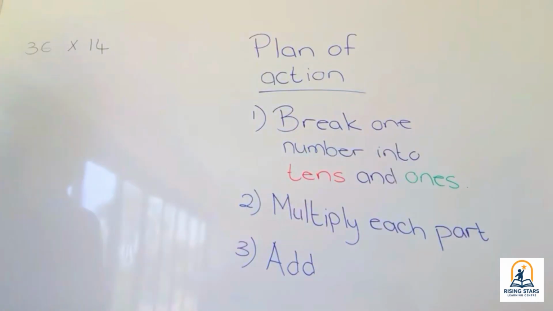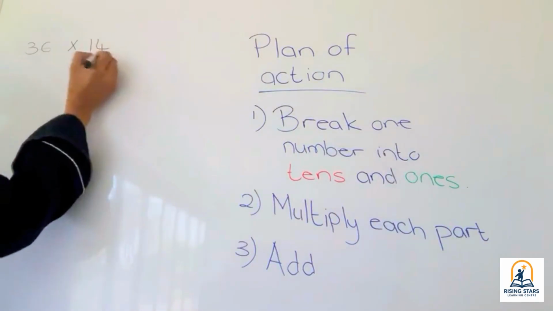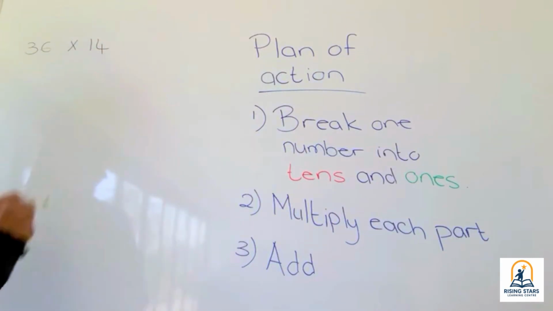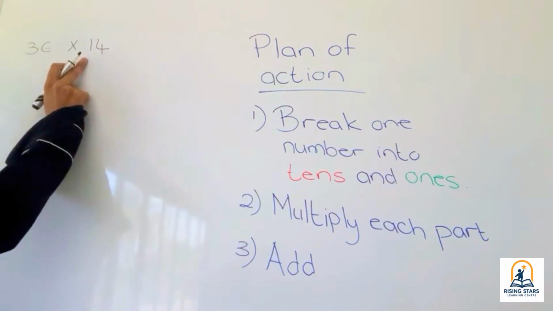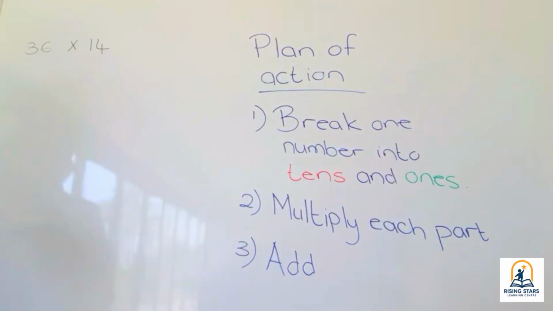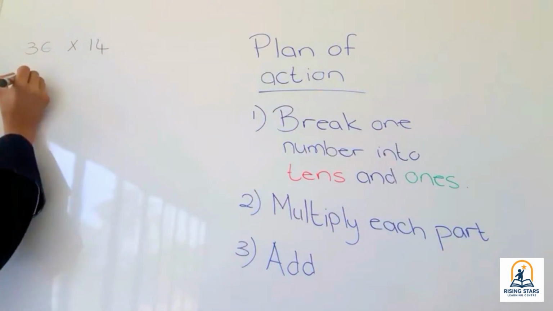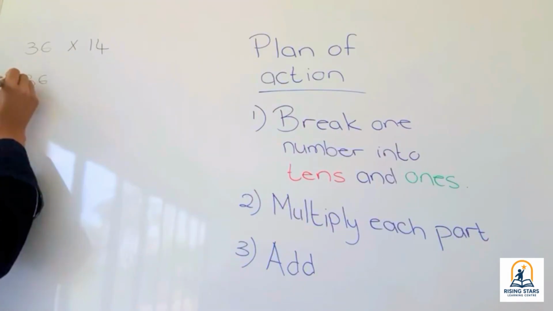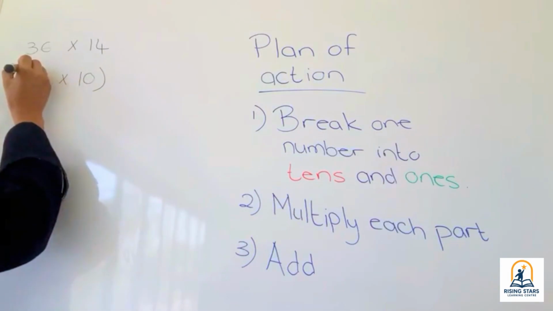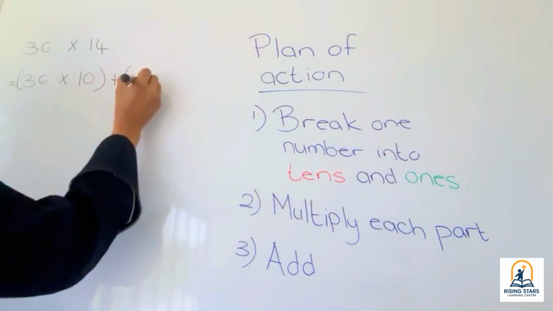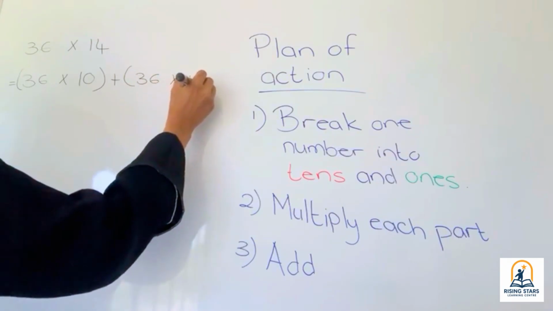Alright, so let's do that. What are we breaking up the 14 into? How many ones are there? 4. And how many groups of 10? 1. Okay, so we're breaking it up into 10 and 4. So we say 36 times 10 plus 36 times 4.